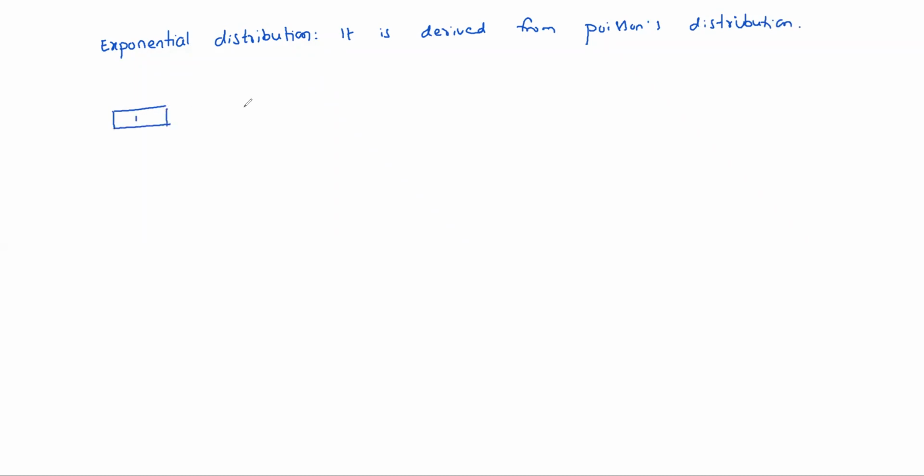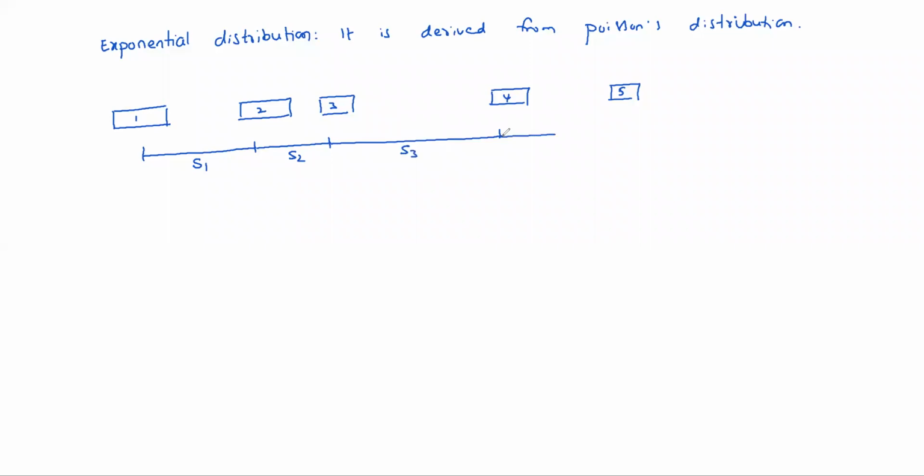Suppose this is vehicle 1, this is vehicle 2, this is vehicle 3, this is vehicle 4, vehicle 5, something like this. Let us assume this gap is S1, this gap is S2, this gap is S3, this gap is S4.